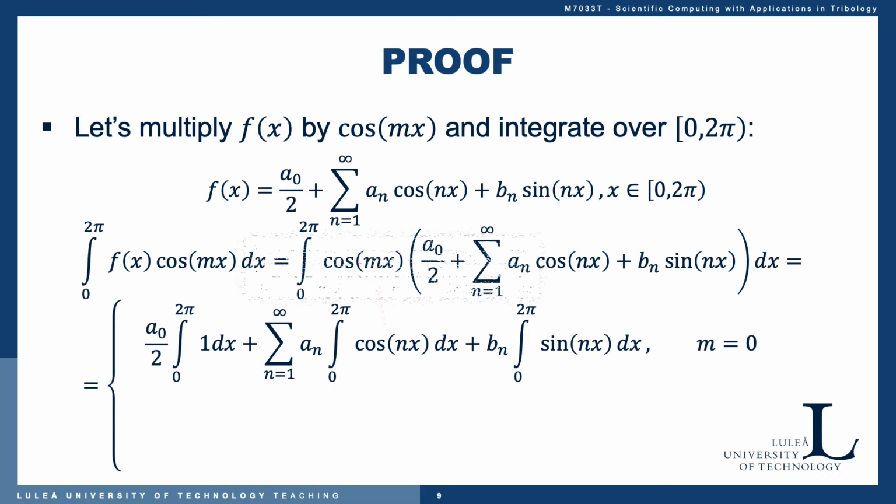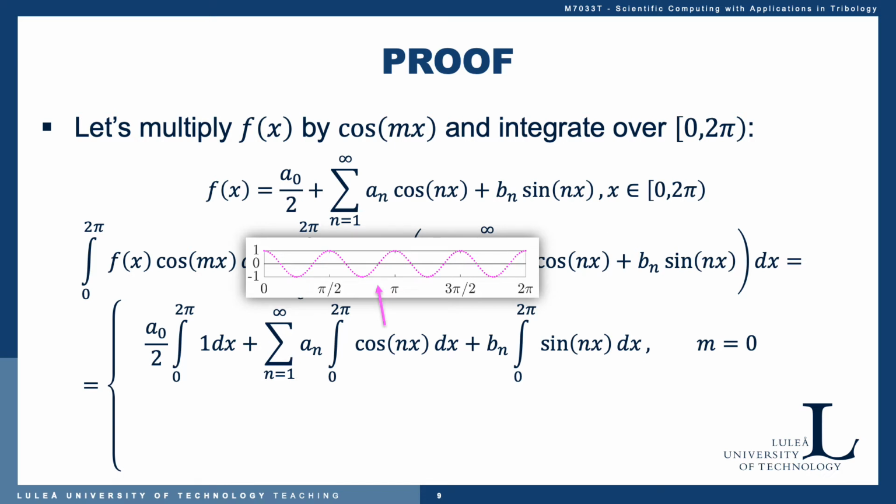And this is simple since cosine is periodic, and no matter what the discrete frequency n is, its integral over the periodic window will always be 0, because the positive side cancels out the negative side. So it's 0.